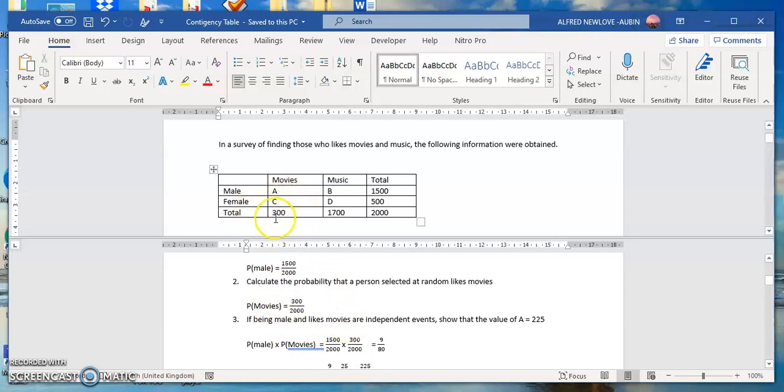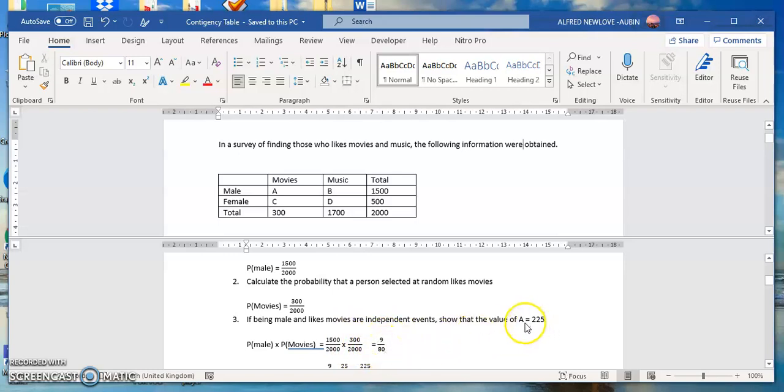So the probability of movies is what? 300 over 2,000. If we are dealing with independent events, that is what you are supposed to do. So since the question is asking that, we multiply the two probabilities. And if we simplify this, we are going to get 9 over 80.